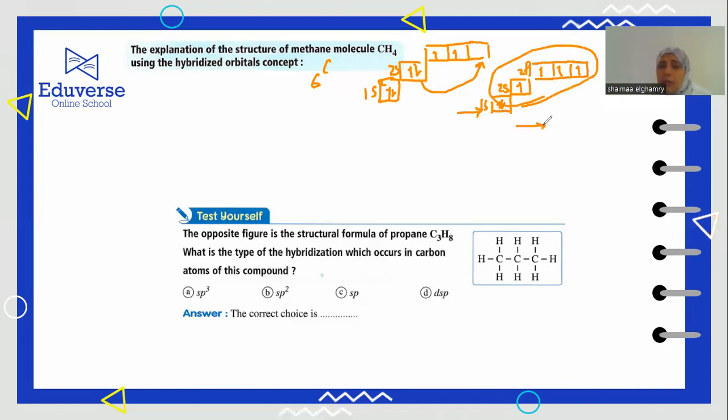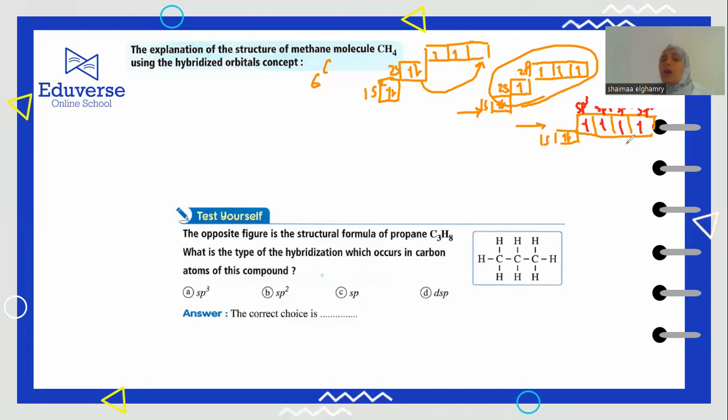So we will have 1s2, which remains without any change. And we have 4 orbitals. All of them have 1 electron. All of them have the same name, which is sp3, sp3, sp3, sp3.